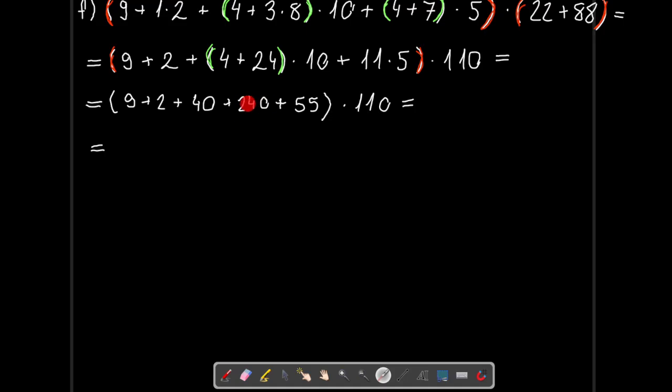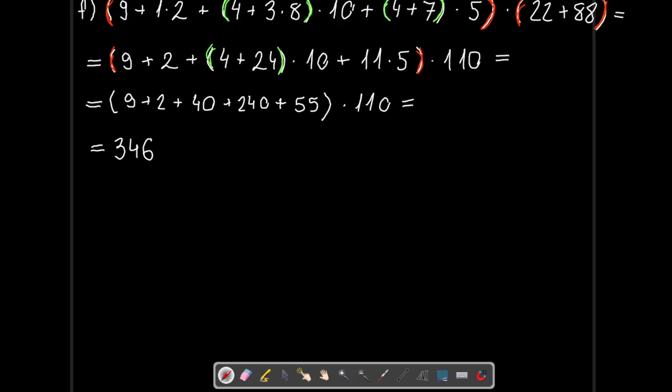So 240 plus 40 is 280. 280 plus 55 is 335. 335 plus 9 is 344. And 344 plus 2 is 346.